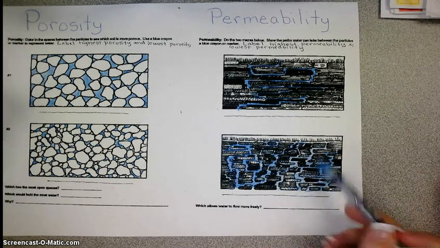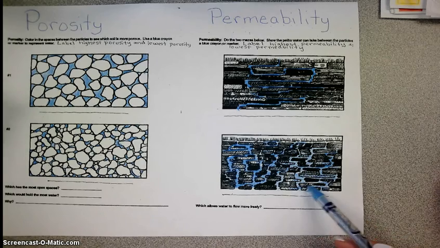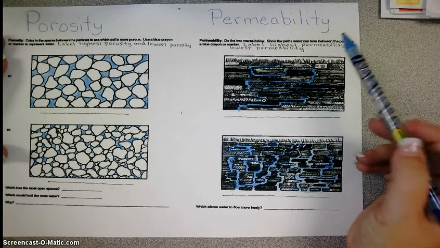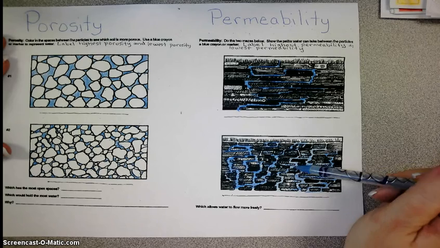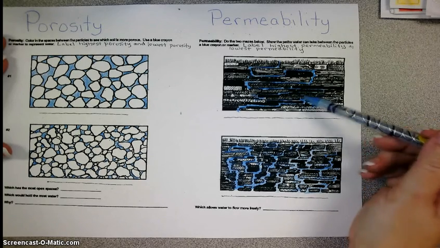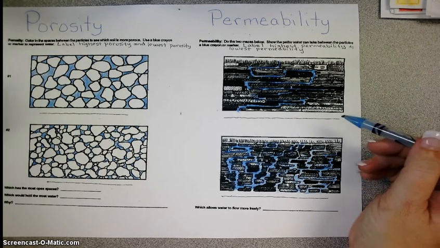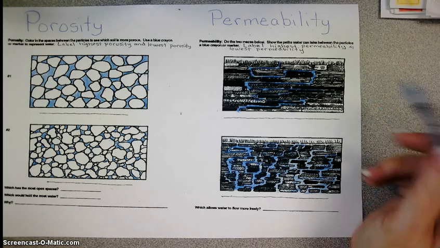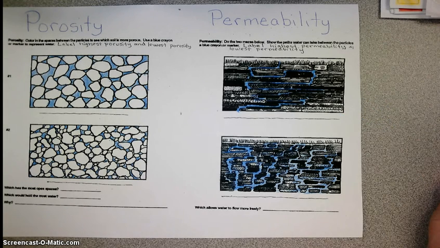So more water would be able to flow through here in a shorter amount of time than would be able to flow through here. So this would be our highest permeability, and this one would be our lowest permeability. The one that has the highest permeability would be the one that allows the water to flow more freely. So now we're going to actually do a lab related to that.